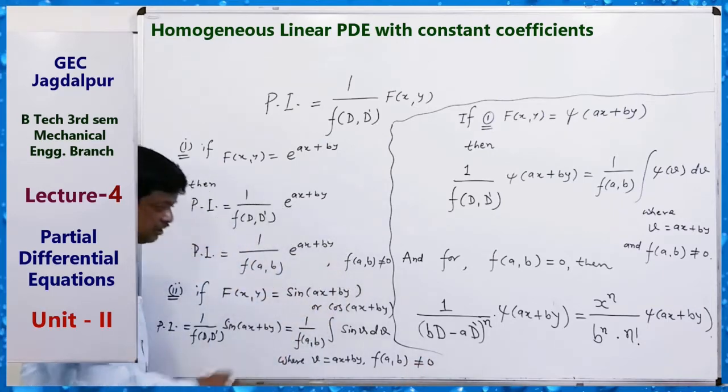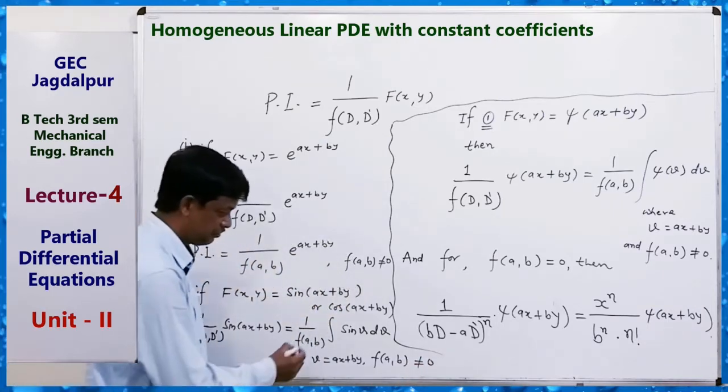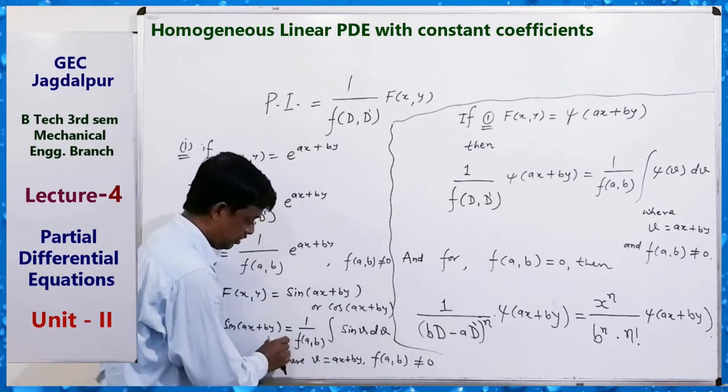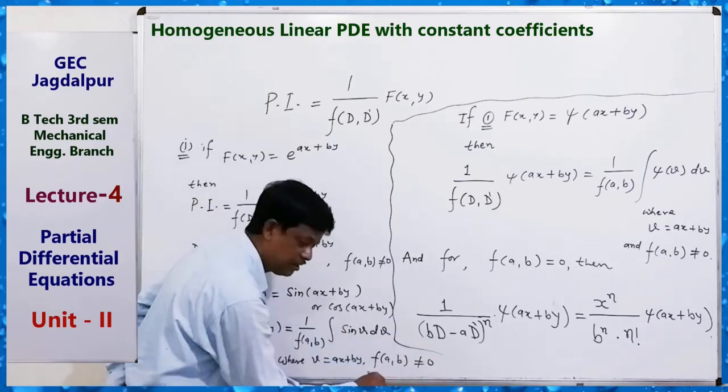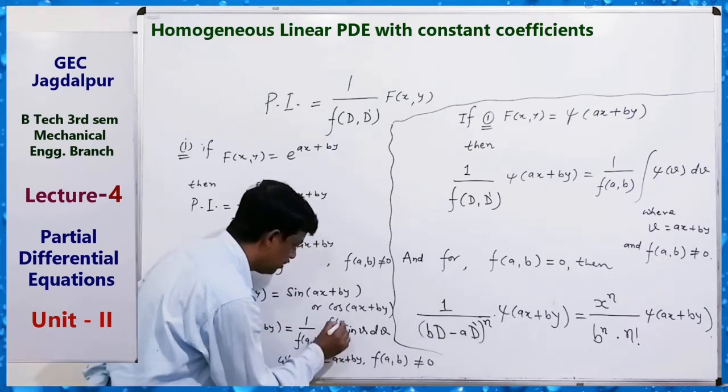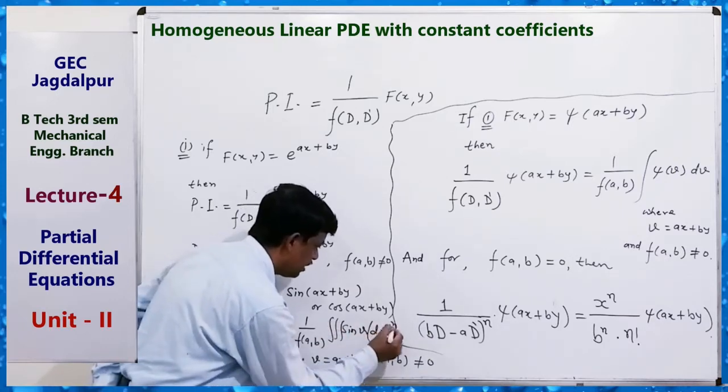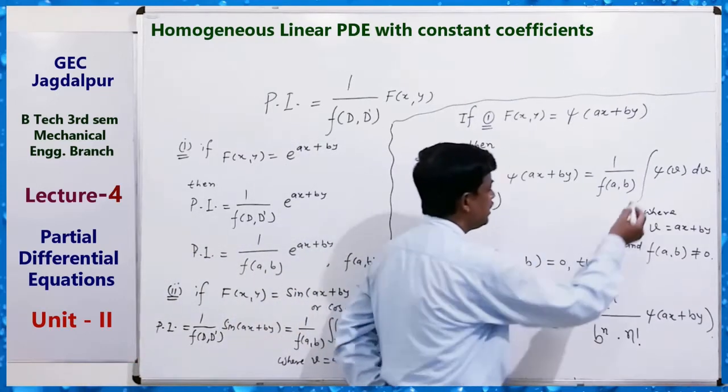For a factor, if there are n factors, then differentiate n times.